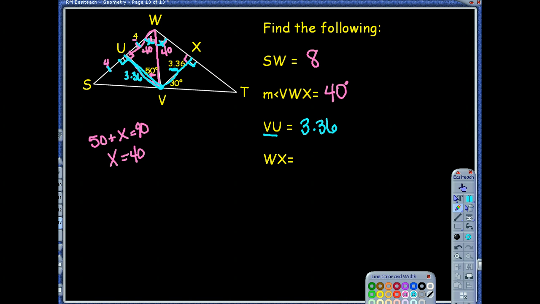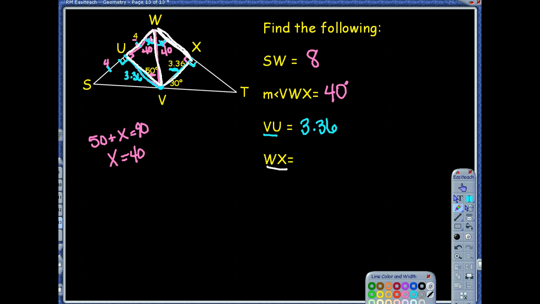Okay, the last one says that we are going to find WX. A couple of things I'm seeing, because a lot of these things have a relationship to something else. I'm noticing that triangle UWV and triangle XWV are actually congruent triangles.